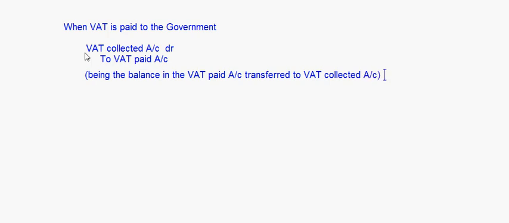So basically, if I have collected VAT, let's say for 10,000 rupees, and I'm paying VAT of, let's say, 8,000, right? So out of that 10,000 which I have collected, I have already paid the VAT as 8,000. So whatever is the balance, that is paid back to the government. So here we will have the next one.